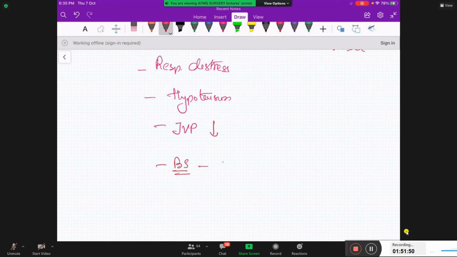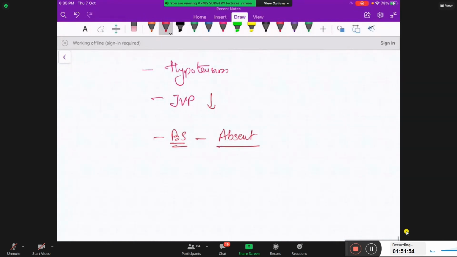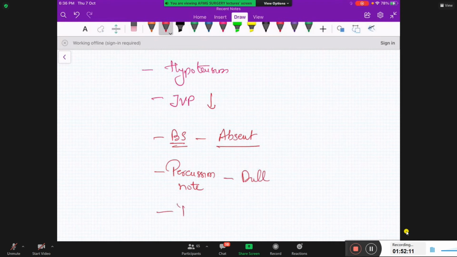Again, they will be absent, but can be decreased also, but more often than not, it will be absent. And what will be the status of the percussion note? Dull. And what will be the status of the trachea?